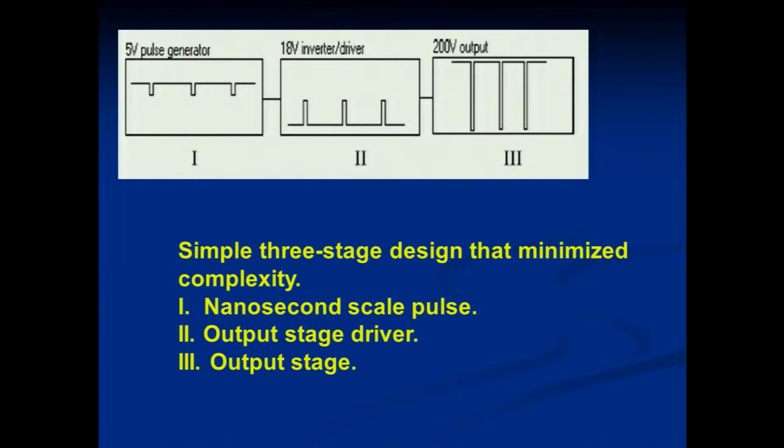And then these are the 3 stages. A 5 volt pulse generator, and then you do the inverter driver, raising it to the pulse generation, pulse control, and then high voltage. So these are the stages: the nanosecond scale pulse, the output stage driver, where the driver is the controlling of the MOSFET, then the output stage, 3 stages.